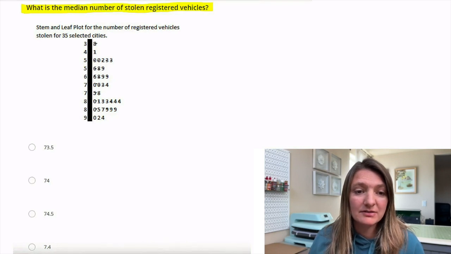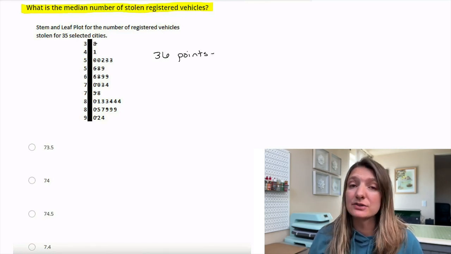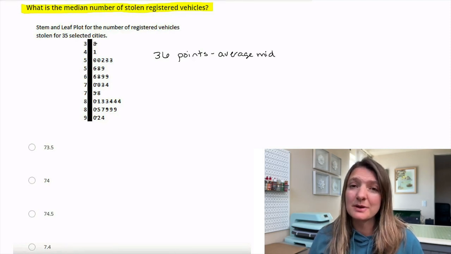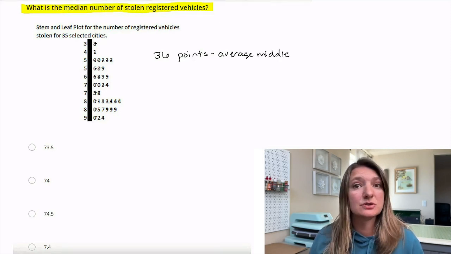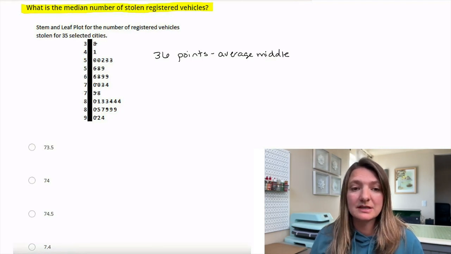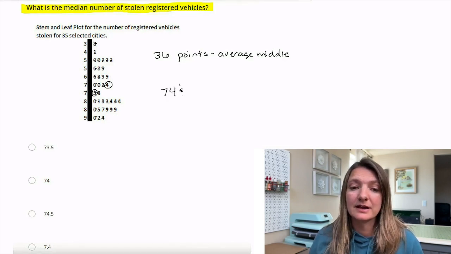Okay, if we count up all of these, just a reminder for stem and leaf plots, when you have a 3 on the other side, that stands for like 38. So we have 36 possible points here, which means that since you have an even number, we have to average those two middle numbers. If we had an odd number, we could just select that middle number, but since we have an even number, we have to take the average of the two middle points, which are going to be 74 and 75.